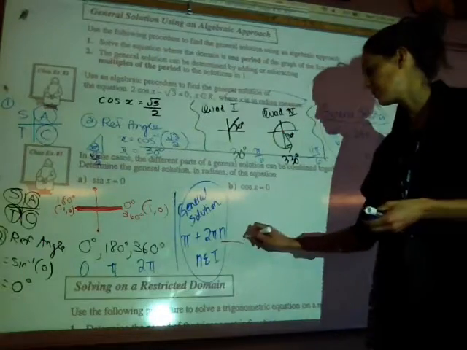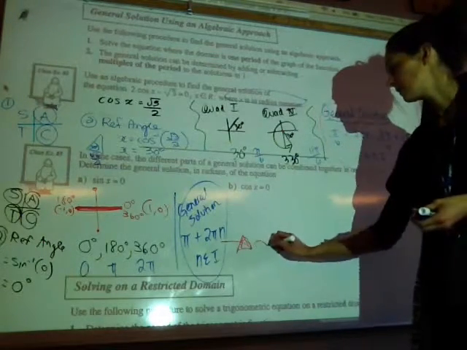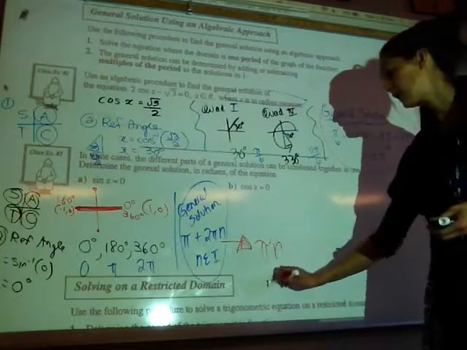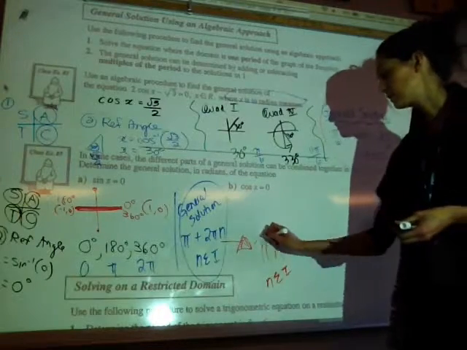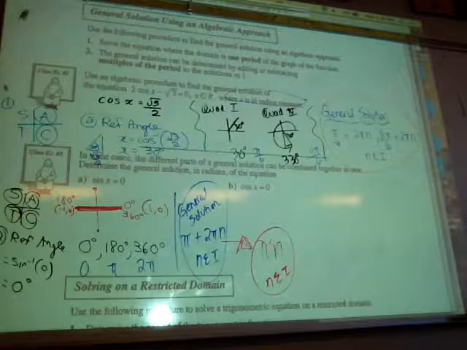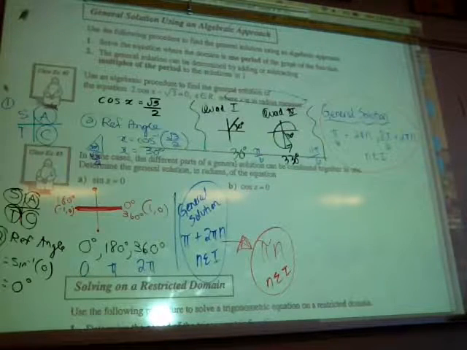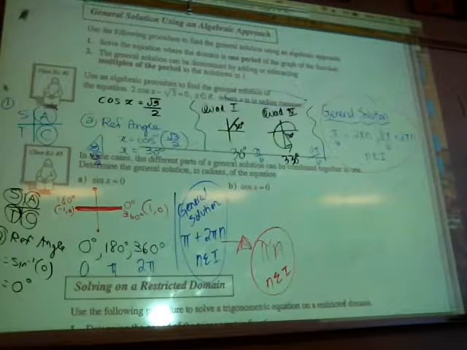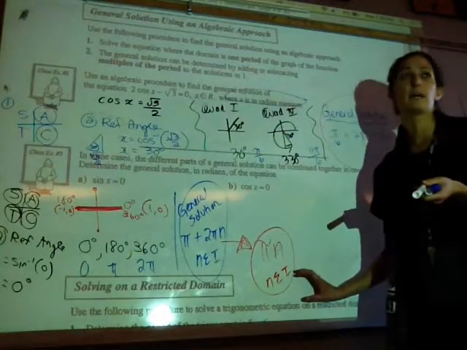So even more simplified, pi n, where n is an element of integers. Wait, so it's just pi. Yeah. Well, makes sense. Okay, so a more combined solution would be just pi n.